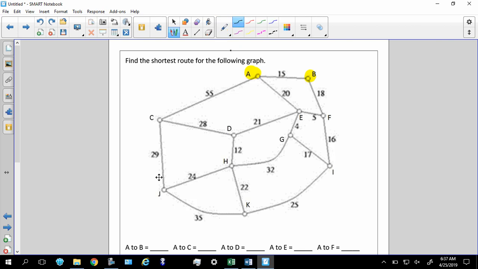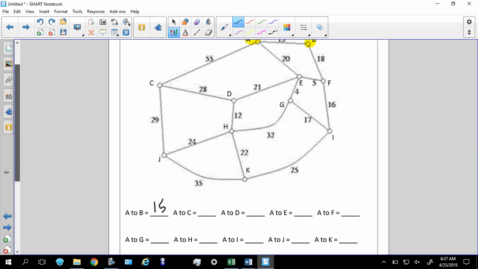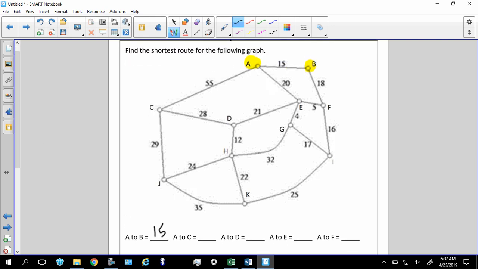All right, I don't think that's... Do I have more? Let me zoom. Okay, well, I've got a lot. So B is going to be 15. I'm just going to write 15 there. It helps me remember. A to C, where are you, C, which is at 55. I don't see any faster way to get there other than 55.